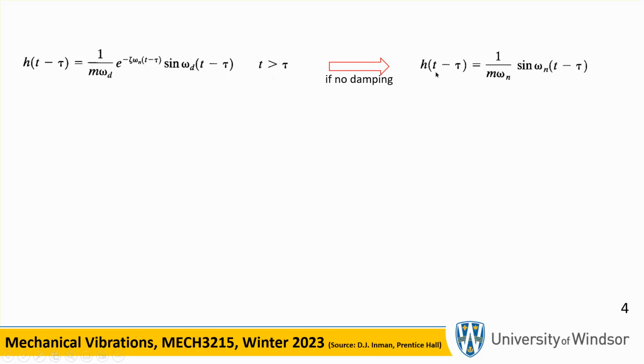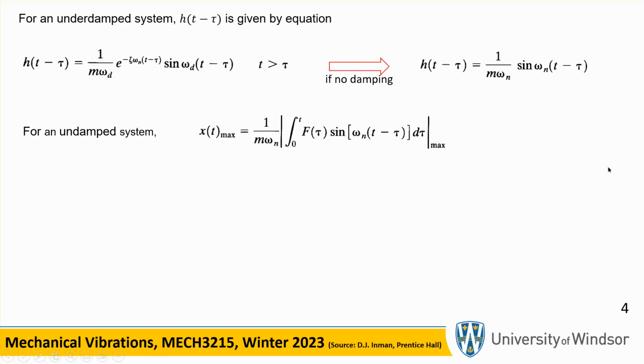So all I've done is to write this thing for no damping. We're going to derive the response spectrum in this chapter based on the assumption that there is no damping, although damping can be included, but it makes things more complicated. We're not going to do that, as Inman leaves it out.